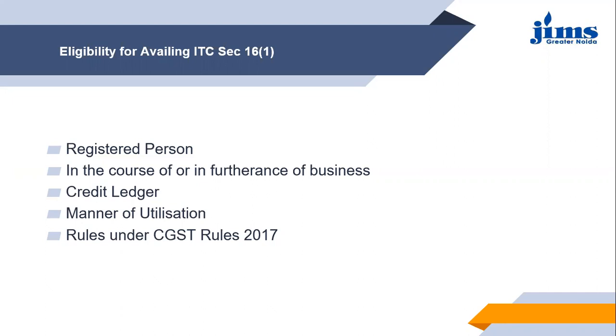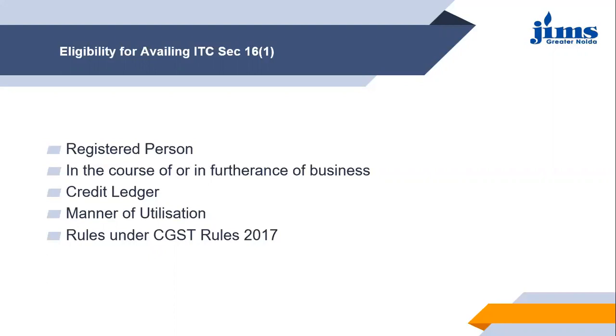So for now, eligibility for availing ITC is available to the registered person, and in reference to the supplies for which he is claiming ITC, that supply should be in the course or furtherance of business, except exempted supplies.